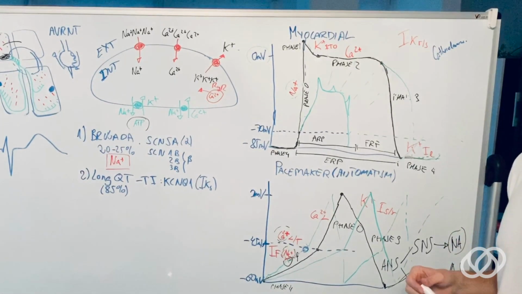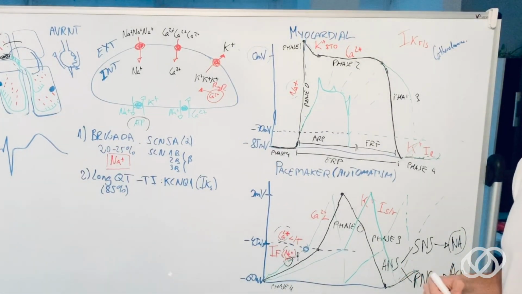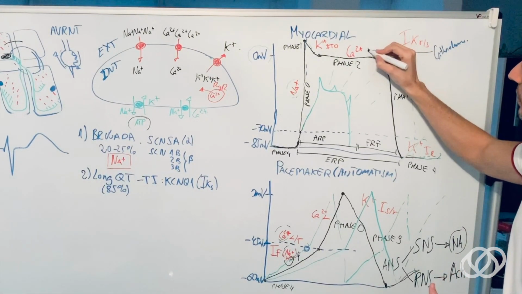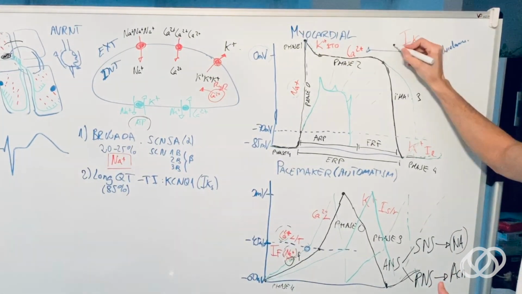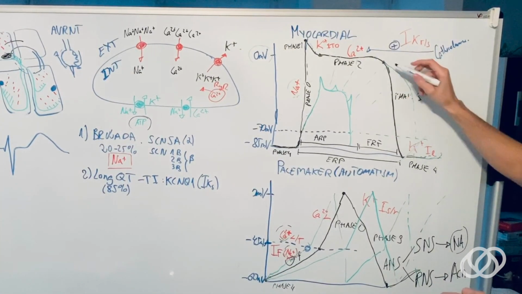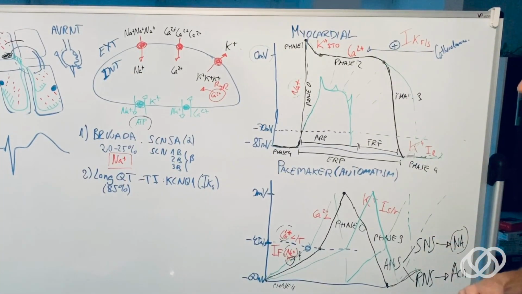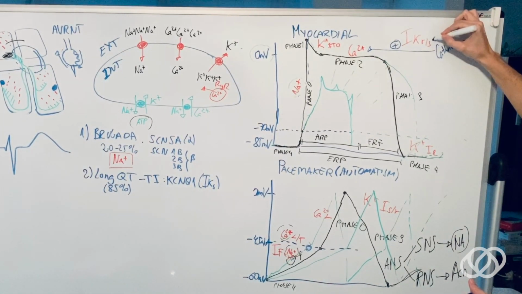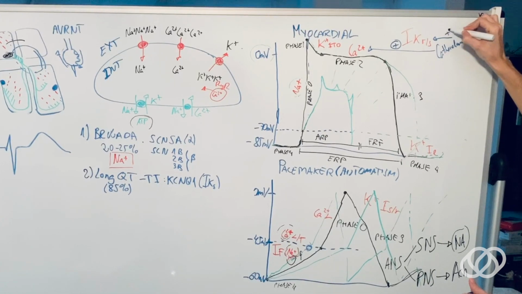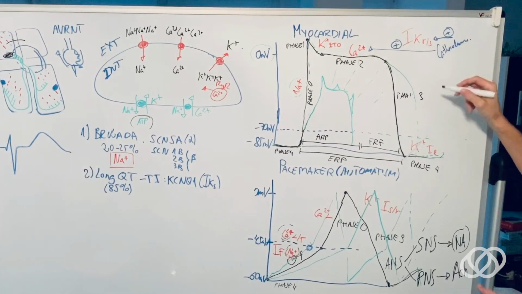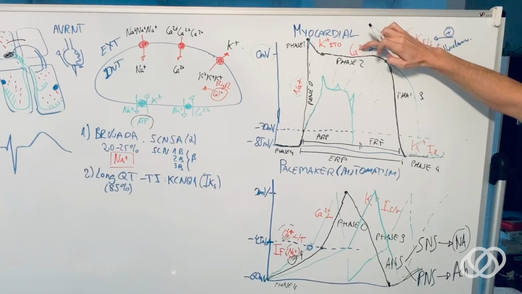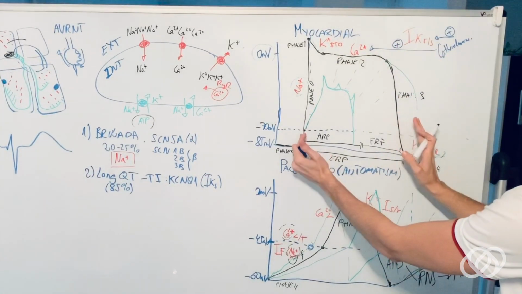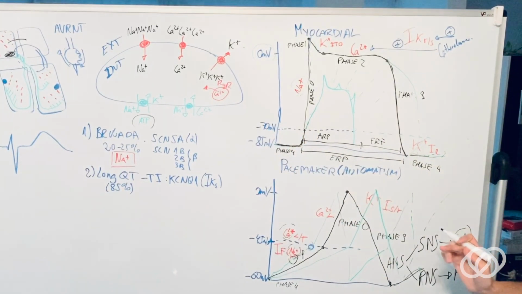That is what is called the positive inotropic effect. They manage to do this by increasing those channels, so that in the end we can have more calcium inside the cell without widening the action potential.